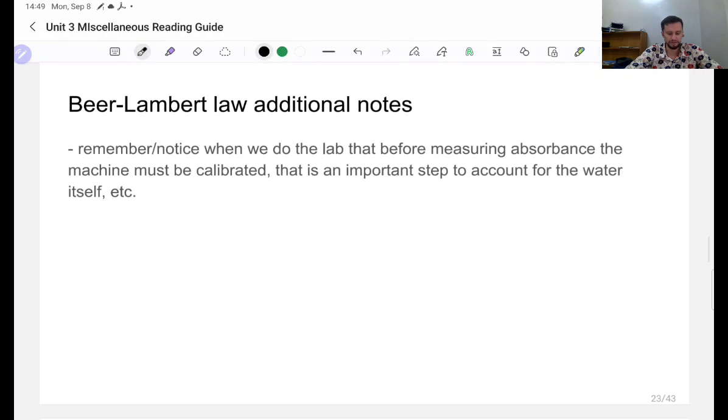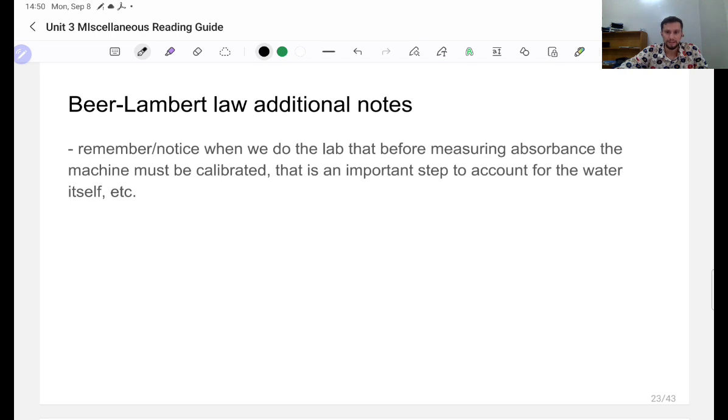Beer-Lambert law additional notes. Remember, when we do the lab, or labs, that measuring absorbance must be calibrated. If you forgot to calibrate, it's going to mess things up. It's an important way to account for the water itself. If you didn't calibrate the instrument and account for the absorbance of water itself, then your absorbances might be too high, because even if you had pure water, transmittance isn't necessarily going to be 100%, because maybe the glass is scattering something, maybe the water's scattering something, maybe there are some smudges on your glass.